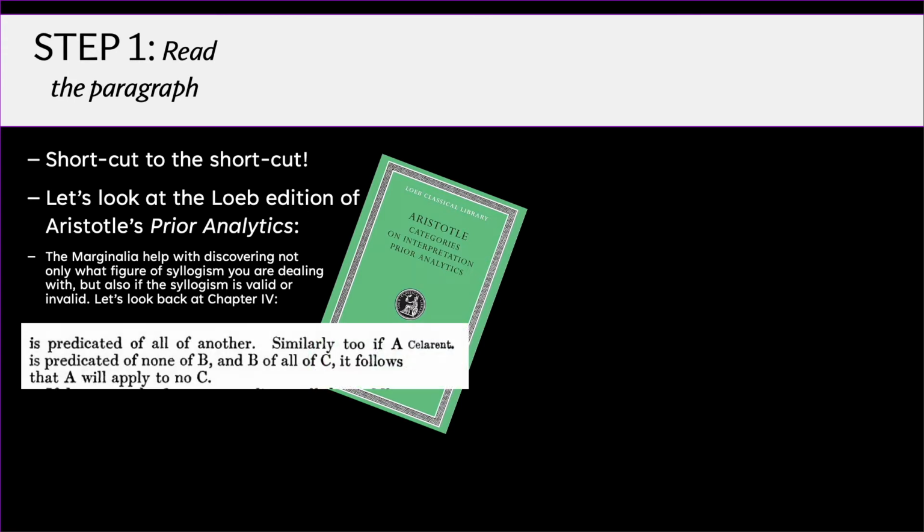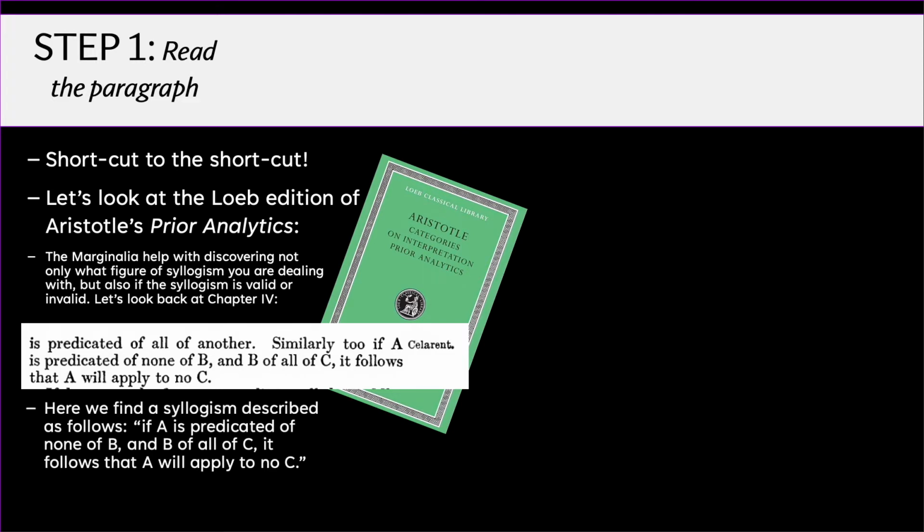Here's a picture from one of the pages in chapter 4. Here we find a syllogism described as follows. Quote, "If A is predicated of none of B and B of all of C, it follows that A will apply to no C." Notice the word Celarent in the margins.